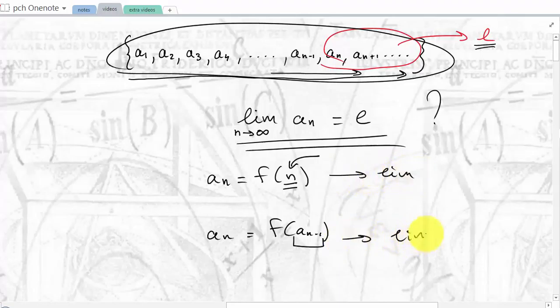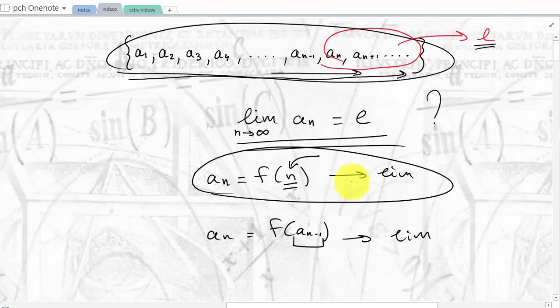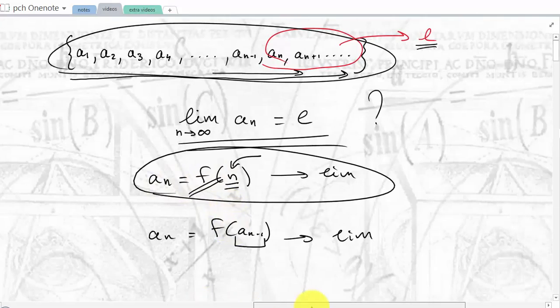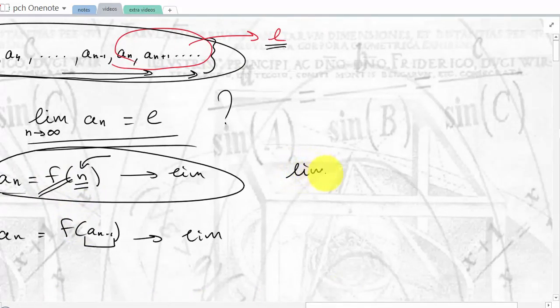Okay. This way, we already know what it is, because in this way, we're looking at the limit of a sequence defined with a function. Therefore, in this case, the limit of a_n as n approaches infinity would be the same as the limit of f(n) as n approaches infinity.